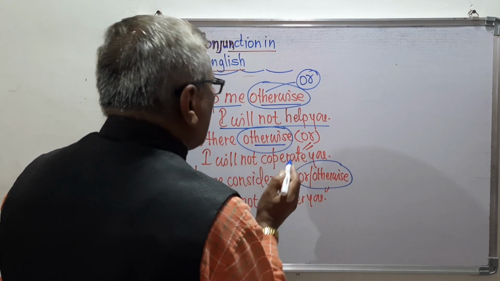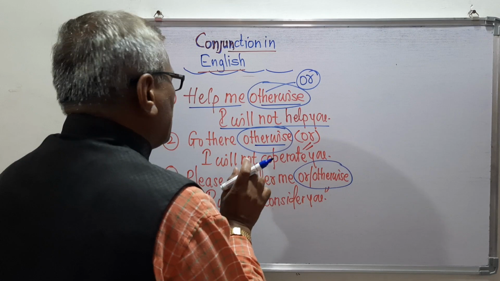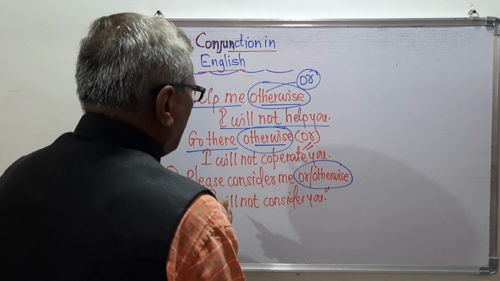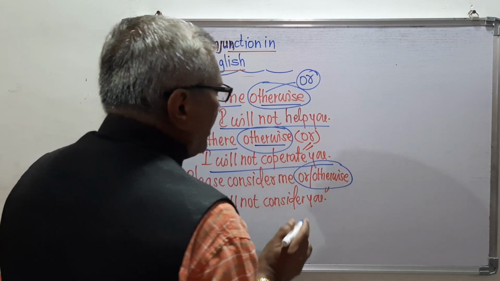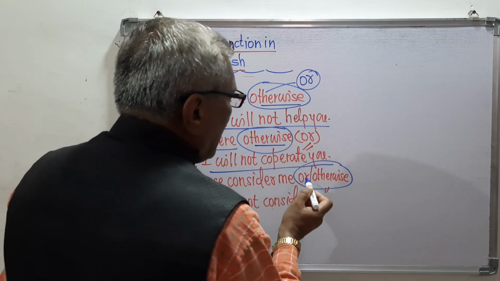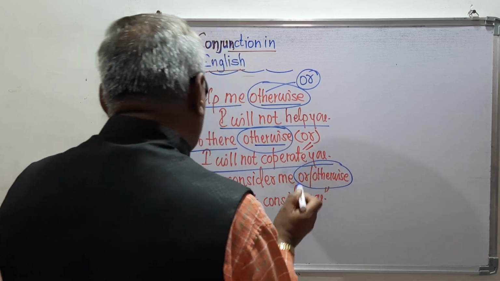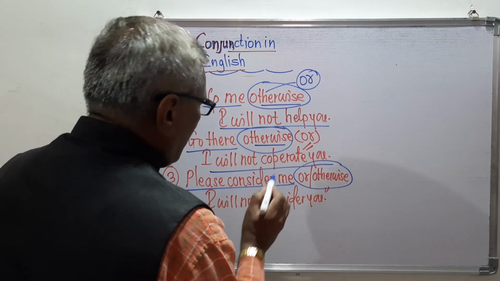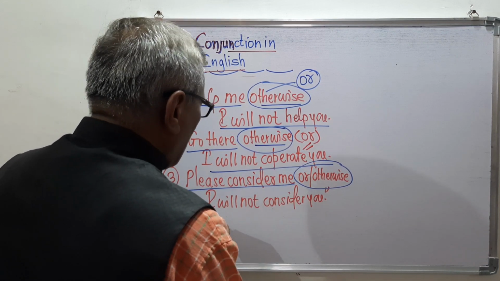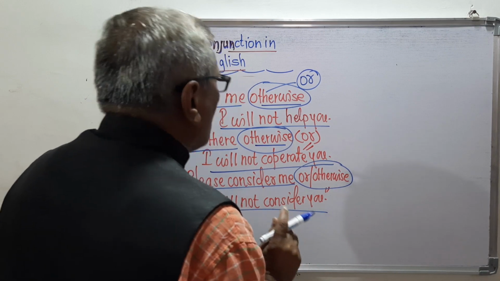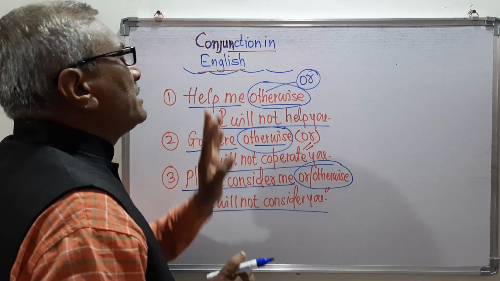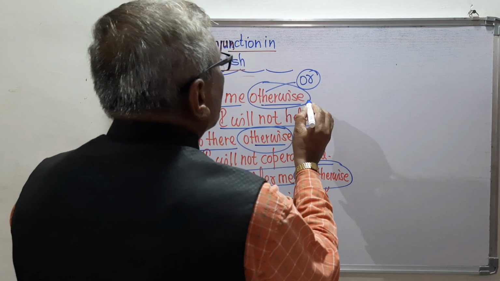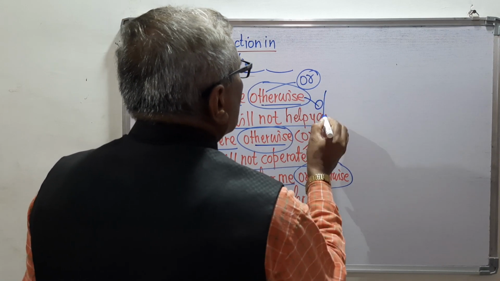This otherwise has joined again two sentences. Go there is the first sentence, I will not cooperate is the second sentence. Again, this otherwise has joined two sentences. The first is please consider me, and second is I will not consider you. So remember here, otherwise is the conjunction which shows the opposite situation.